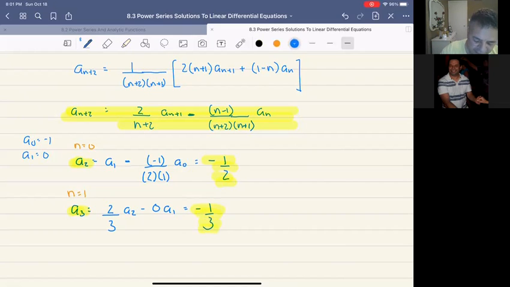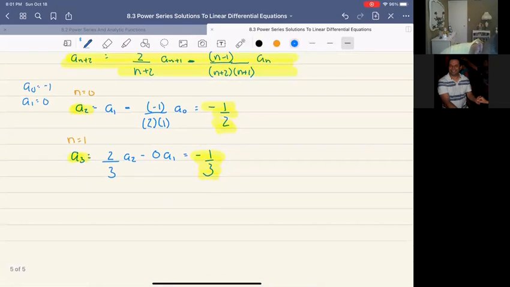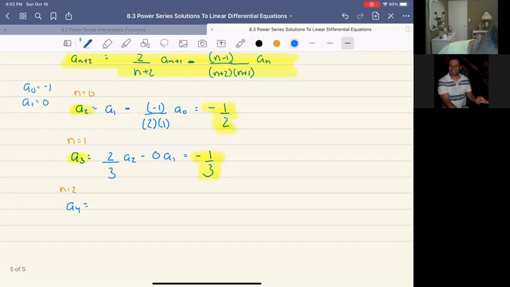Okay, let's do a sub 4. That's n equals 2. So a sub 4 is 2 over 4, so 1/2 a sub 3, minus 1 over 12 a sub 2.